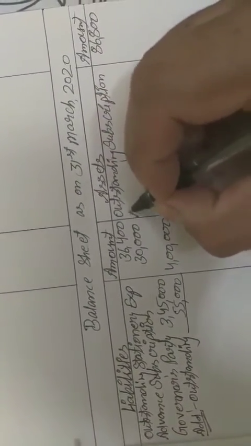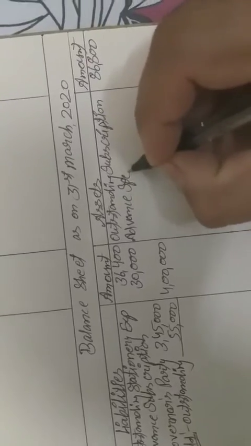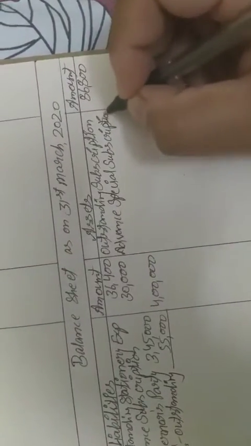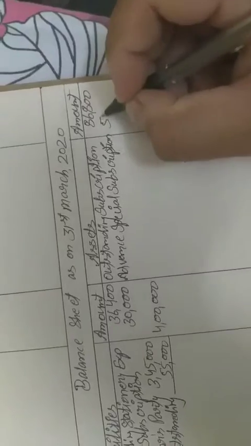So this is the advance special subscription 55,000 rupees. If it is not held in the next year, this adjustment will not come. Okay.